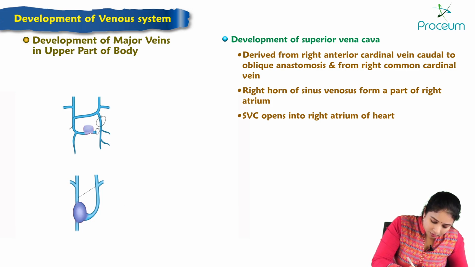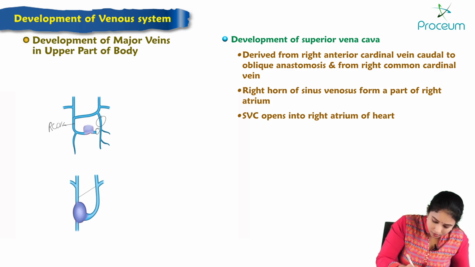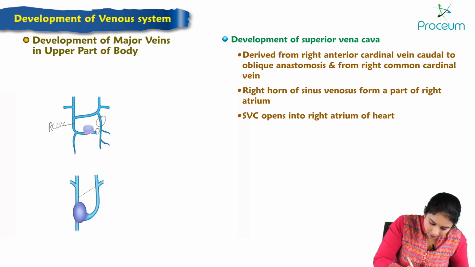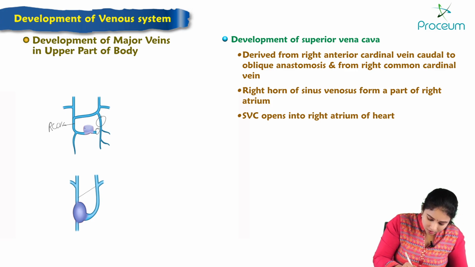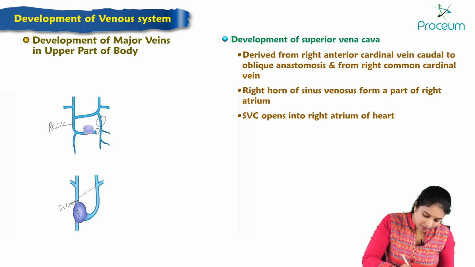This is the right common cardinal vein, and you can see that the right horn of sinus venosus is getting absorbed to form the superior vena cava. This is the right atrium of the heart.